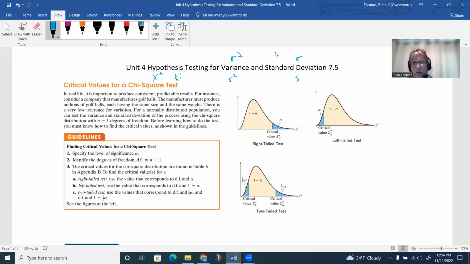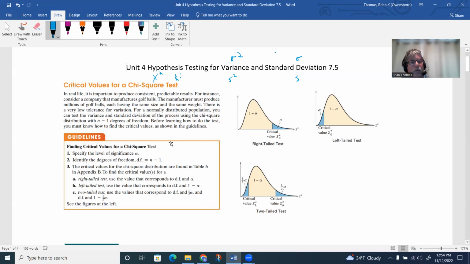Now, the TI-84 really is not great for this test. So we're going to have to do more of a table setup. I think you recall we did a lot of that. We just used the calculator for calculations, but there weren't any shortcuts, so we actually have to stick with the formulas in the problem.